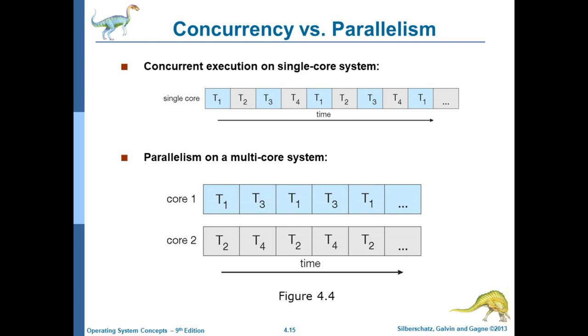On the multicore system, two tasks, T1 and T3, are executed on one core, and two other tasks, T2 and T4, are executed in parallel on another core.